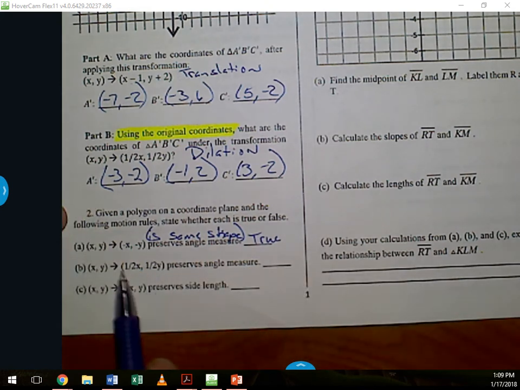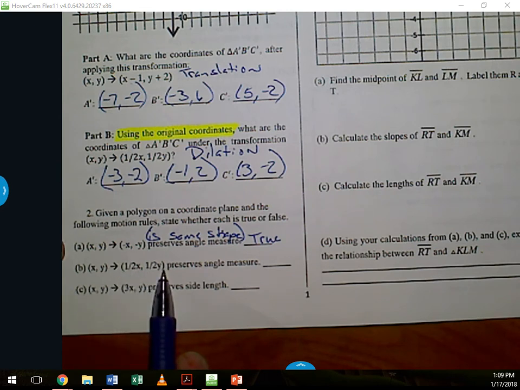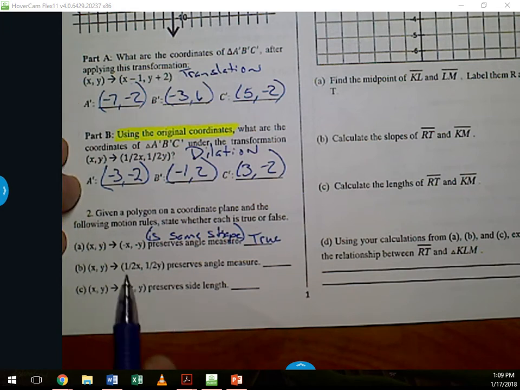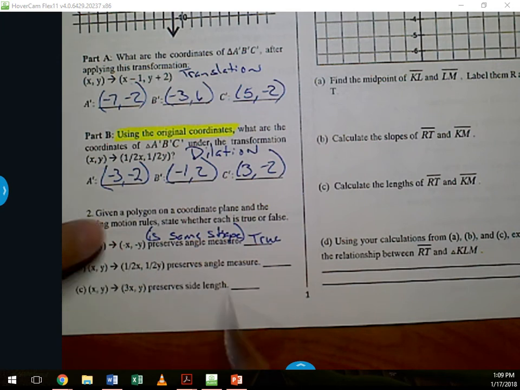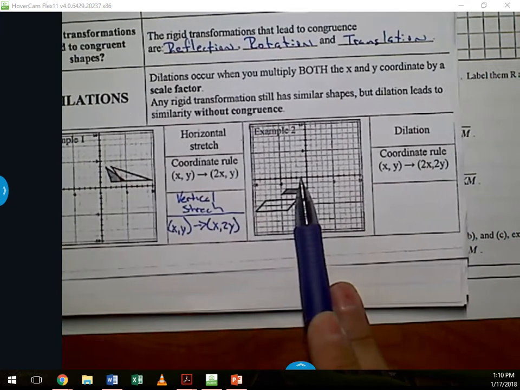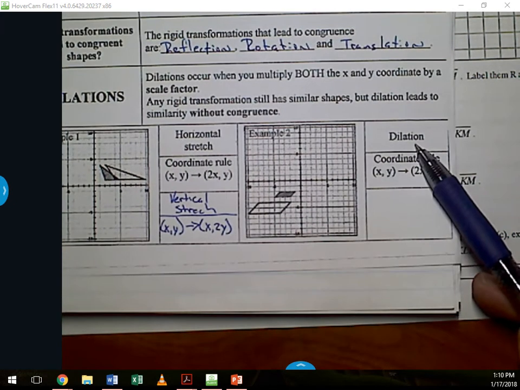What did I do right here? What is this one called? I reduced it by a scale factor of 1/2, right? Okay, so I reduced it. Now, when I reduce it, is it the same shape? Yes. If you're looking at your notes right here, here's my dilation, right?